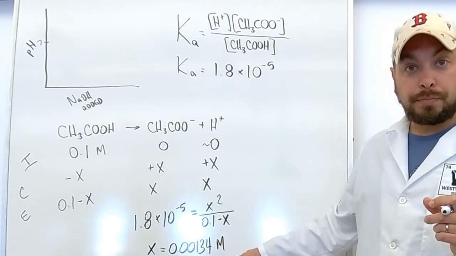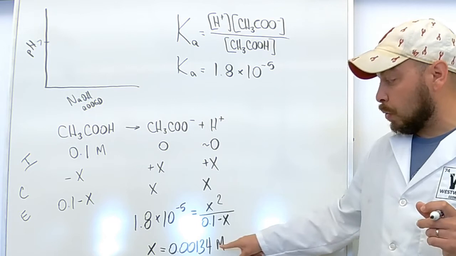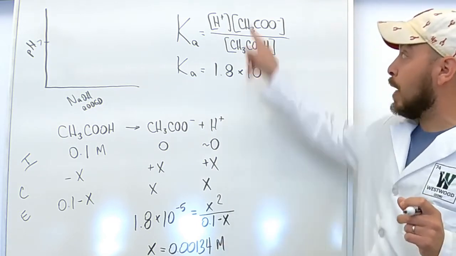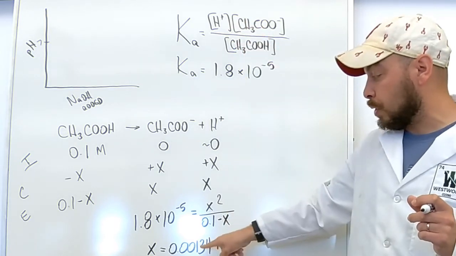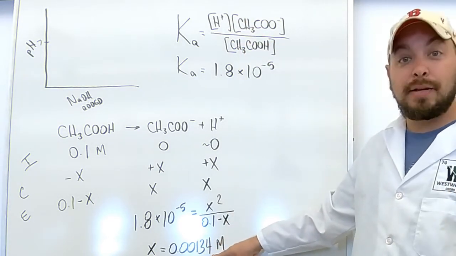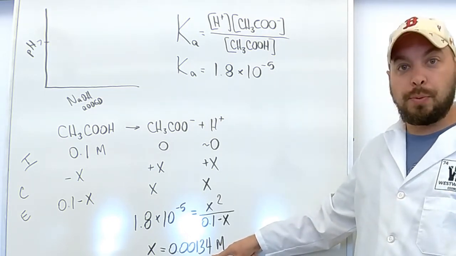0.00134 molar. Now, that value right there, 0.00134 molar, tells us that the concentration of my H plus is 0.00134, which is 1.34 times 10 to the negative 3, which means my pH is going to be somewhere between 2 and 3.